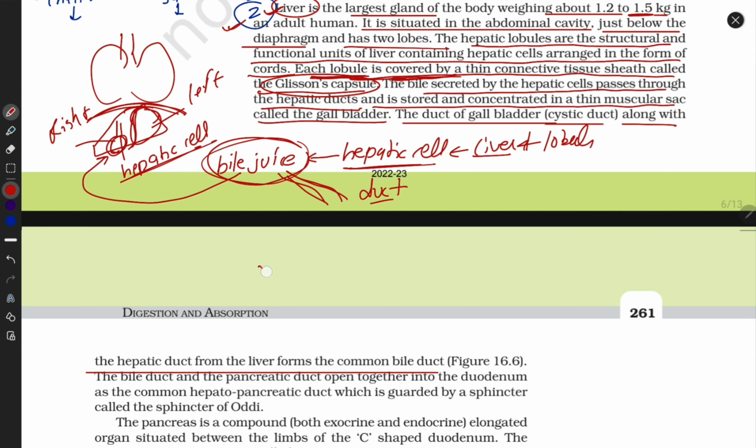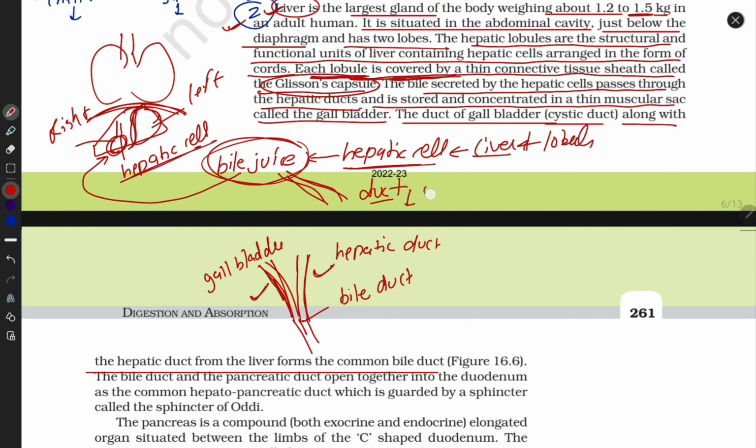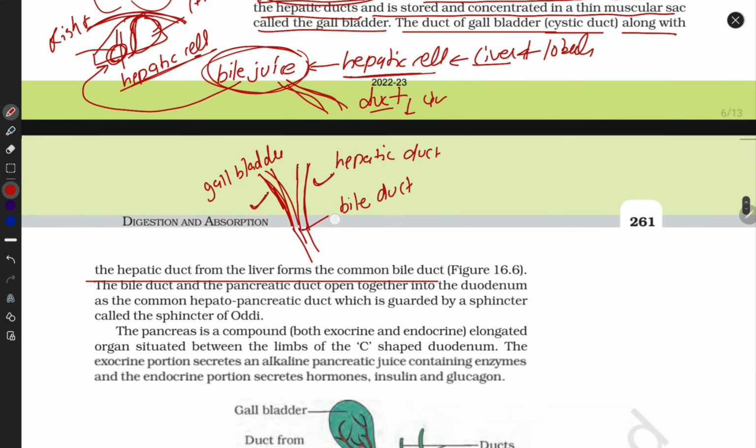Here the gallbladder duct is coming, and on the other hand the hepatic duct is coming from the liver. Now we call it the bile duct.